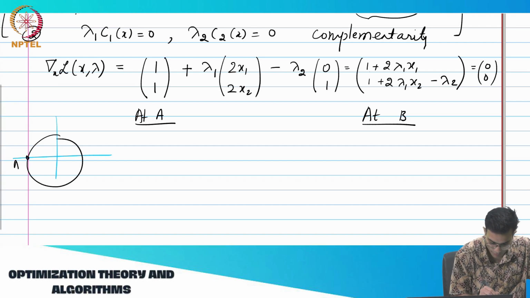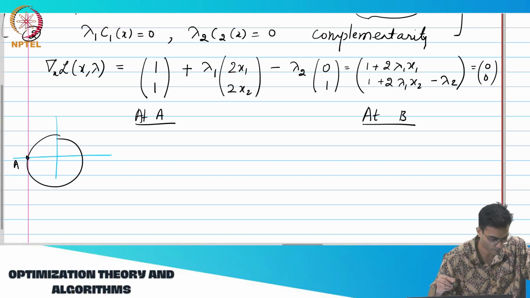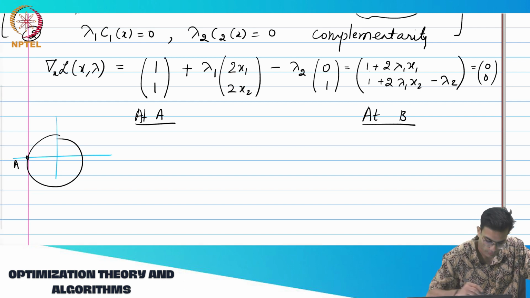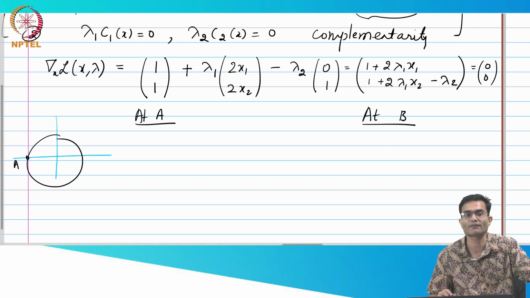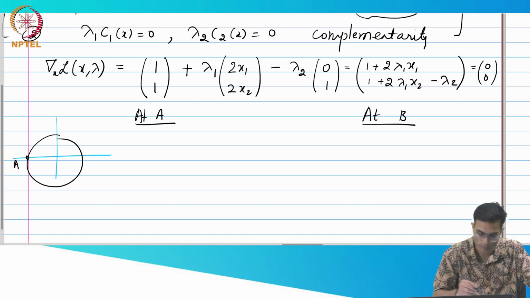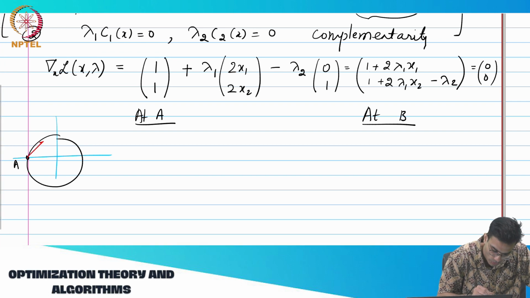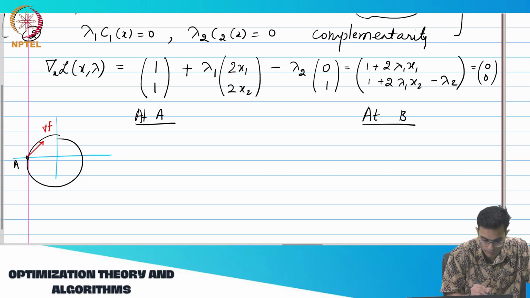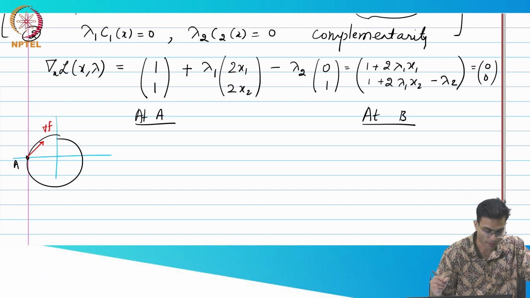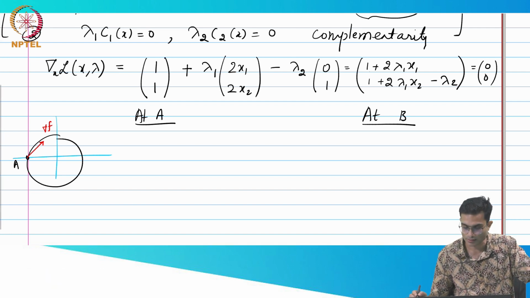So this is my point A. At point A, where is my grad f pointing? Grad f is always pointing in the same direction, 1, 1. So this is my grad f. Which way is grad C1 pointing?